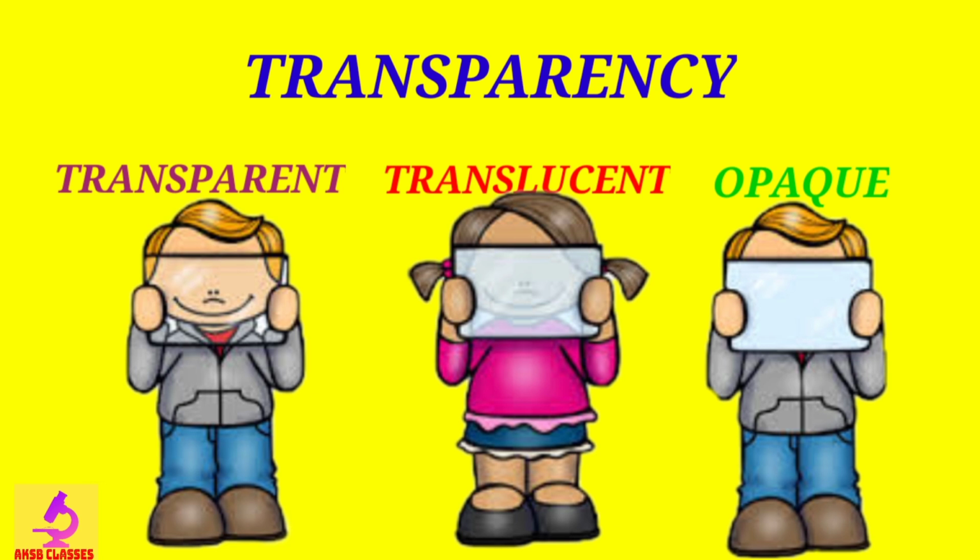The material has low density or high density. So you have to prepare a list of a minimum of 10 objects which are going to float or sink inside the water. You also have to prepare 10 objects that are soluble in water or not soluble in water.